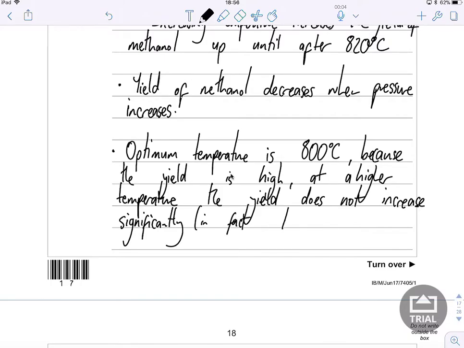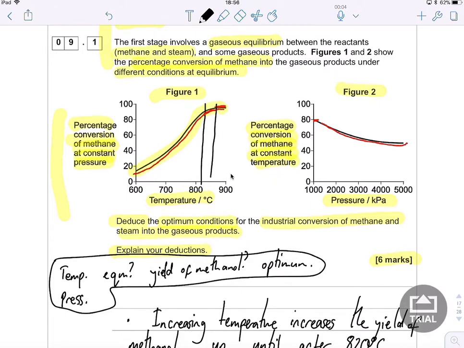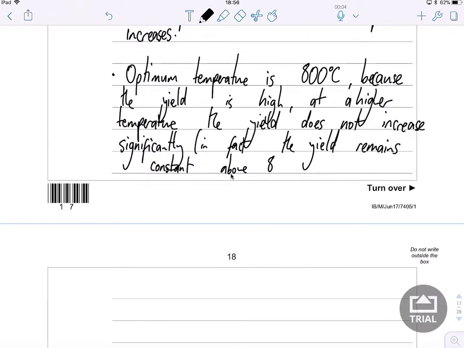In fact, the yield remains constant above 850 degrees C. Okay.